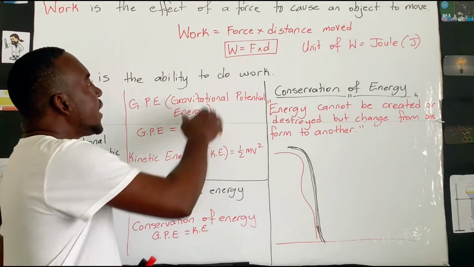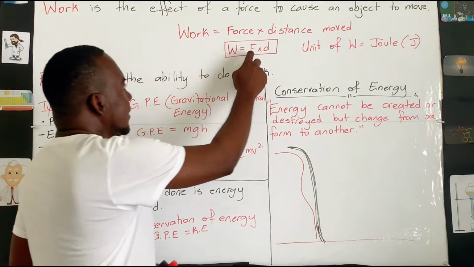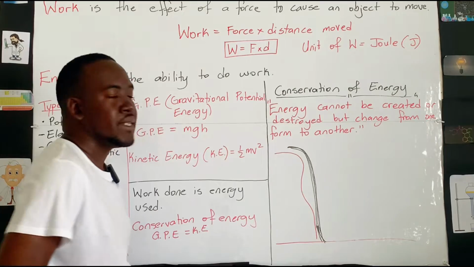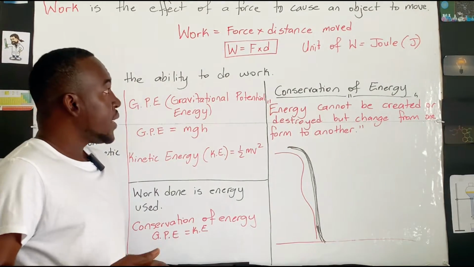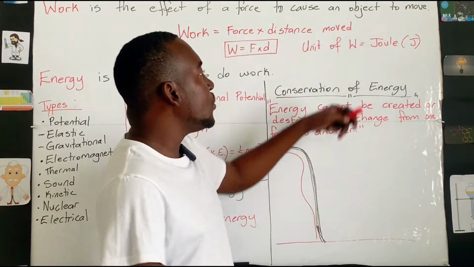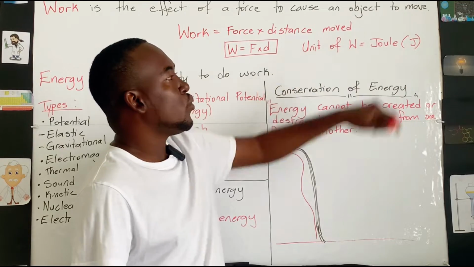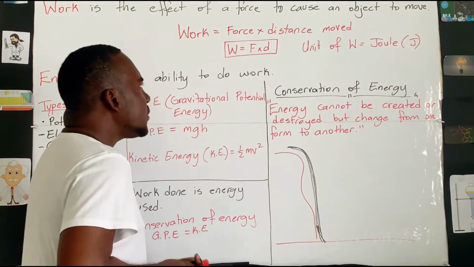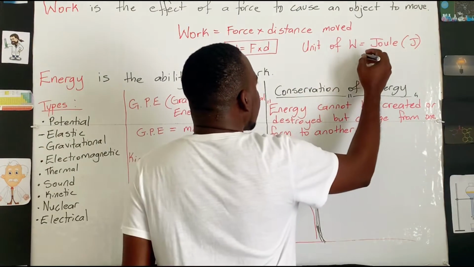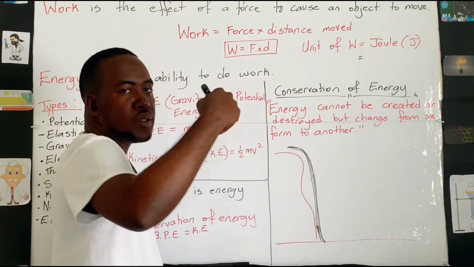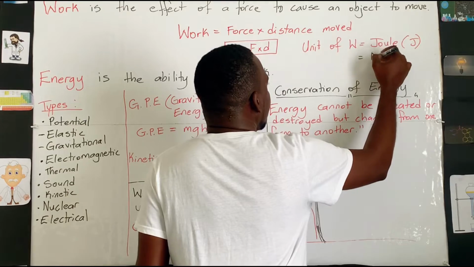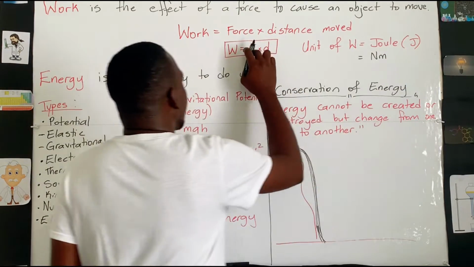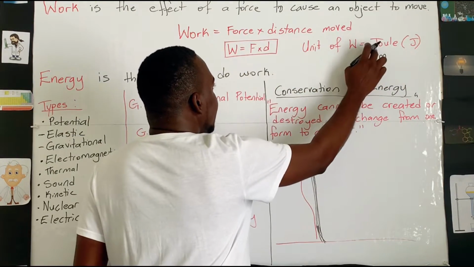So to find work, capital W, you multiply the force by the distance that was moved. And this tells us that the unit that we measure work in would be joules. Or in some cases, you can be asked what's another name for joule, which is Newton meter: Newton for the force and meters for the distance.